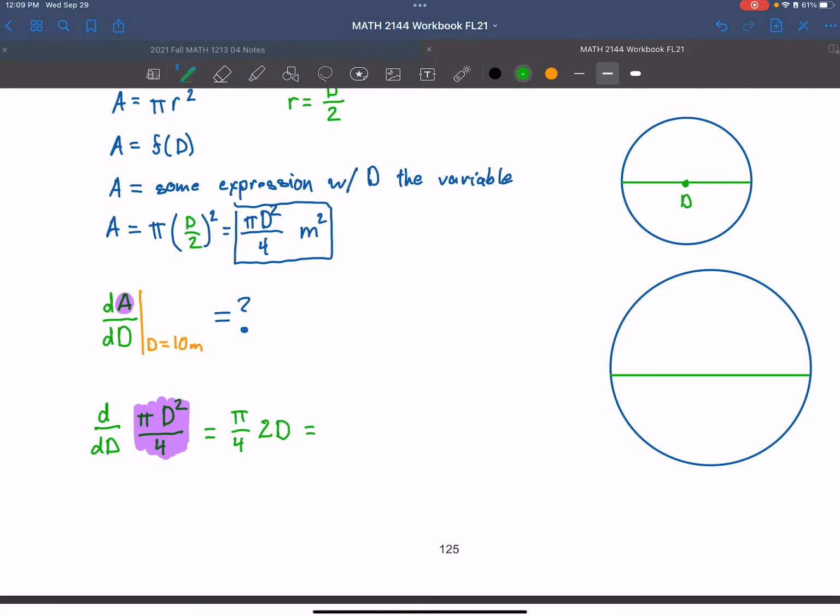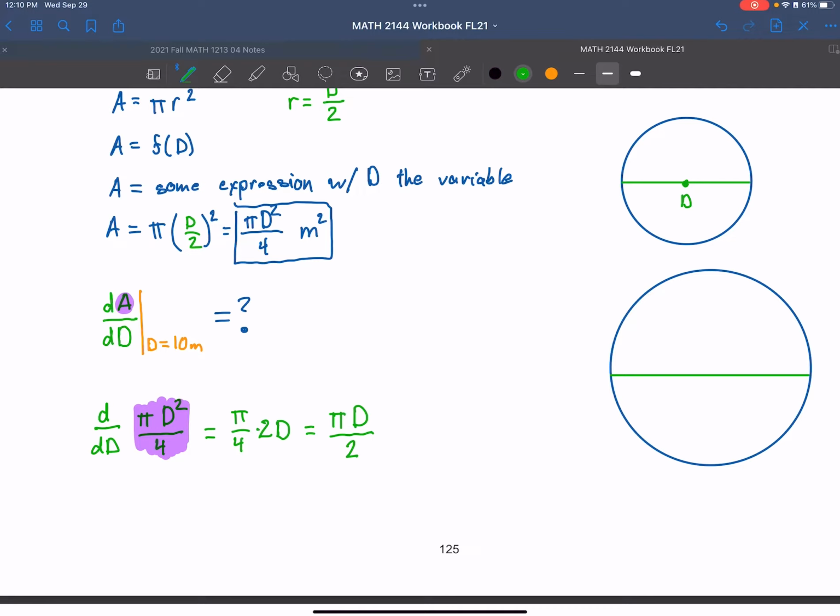What we have right here is, let's see, the 4 and the 2 will simplify, so we get pi d over 2. That is the derivative.